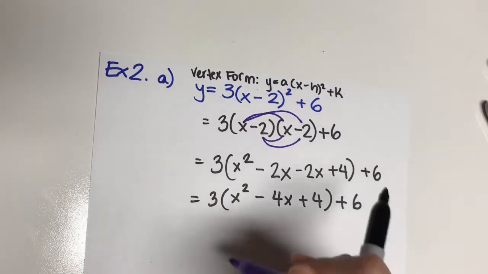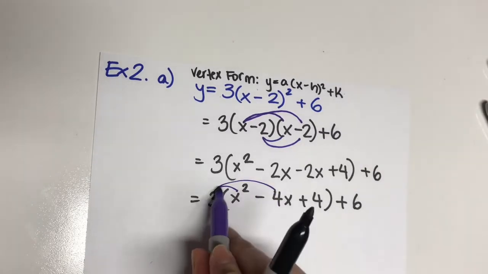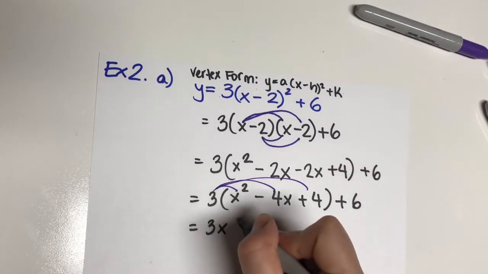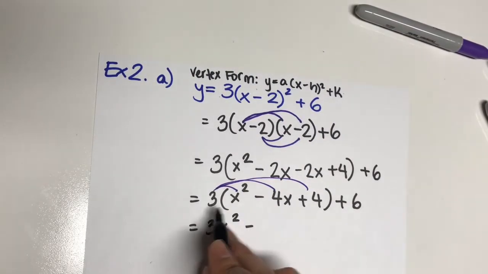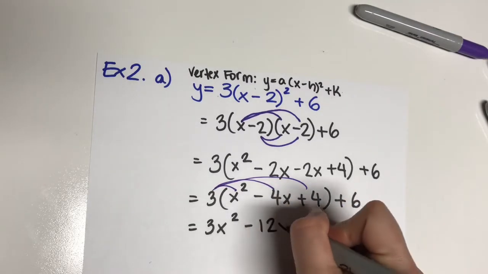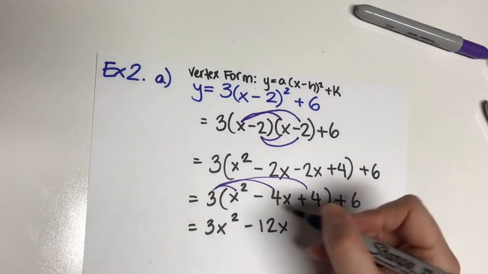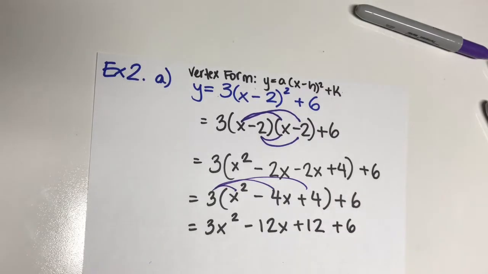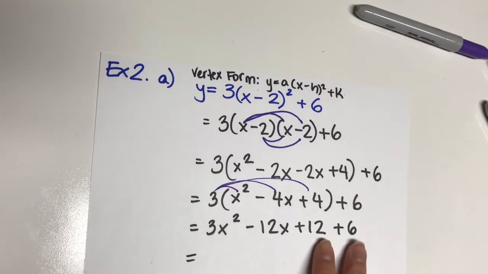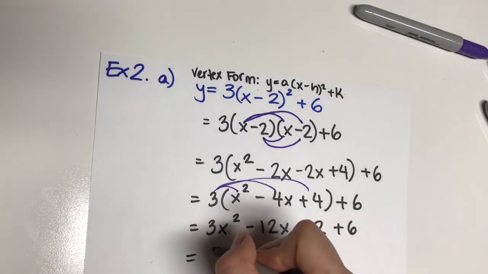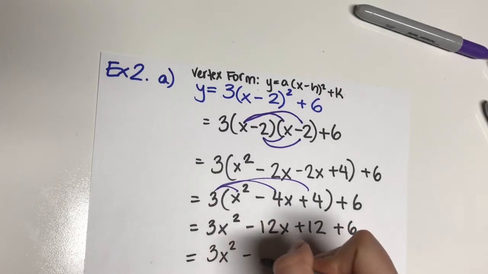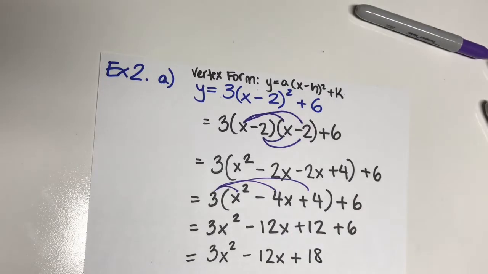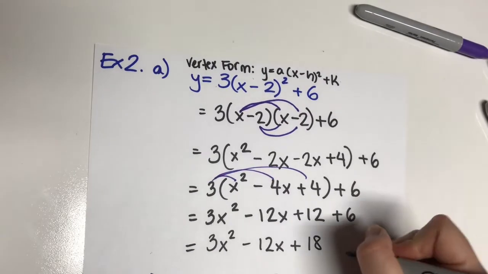So I'm going to do the distributive property with the 3, which gives me 3x squared minus 12x. 3 times 4 is 12 plus 6. I don't even need the brackets. The only like terms left are the 12 and the 6, so I'm going to add them together. And that's it. It's in standard form.